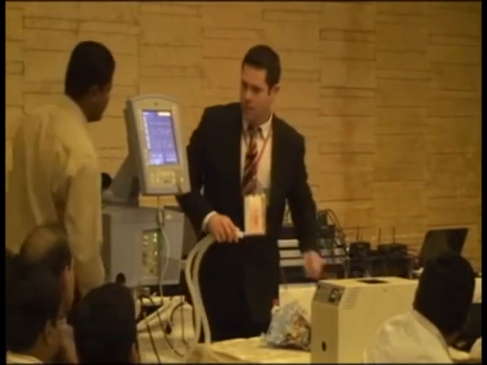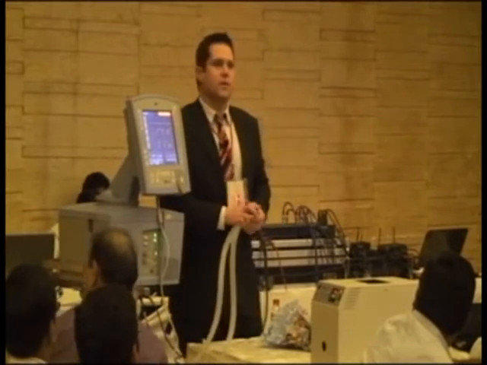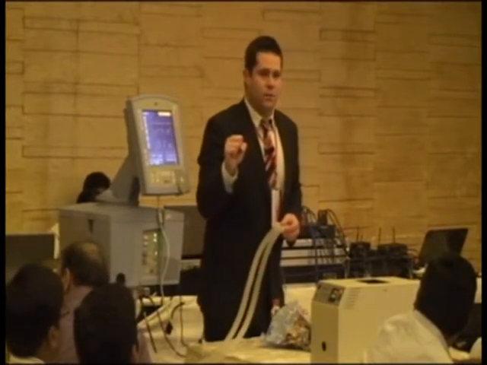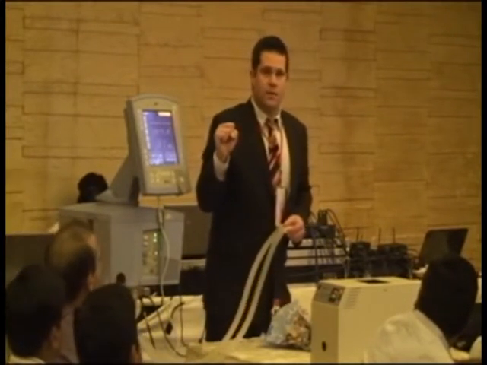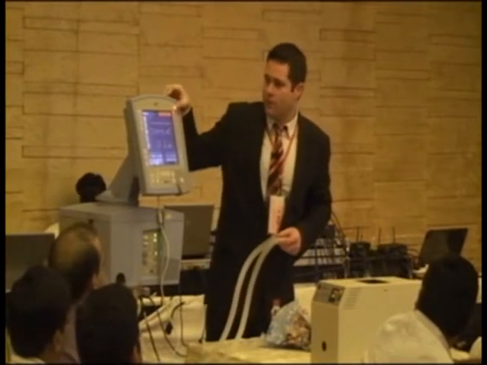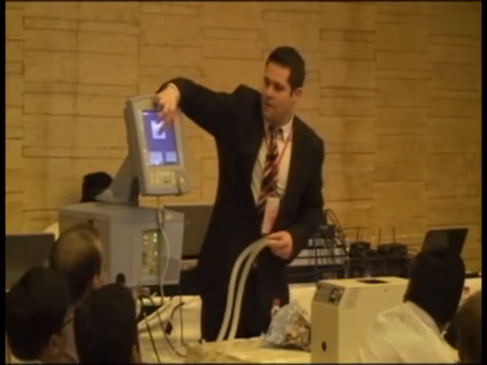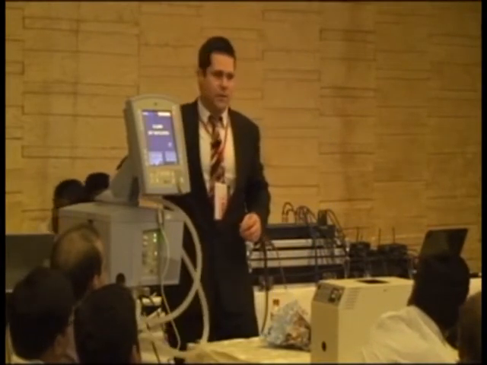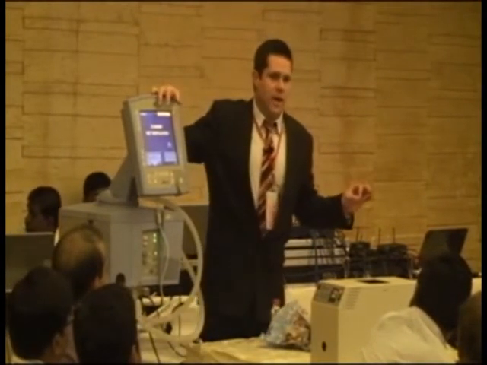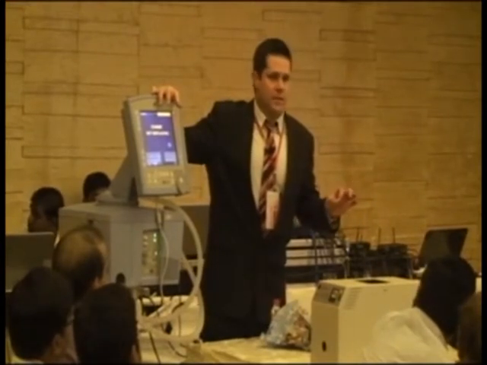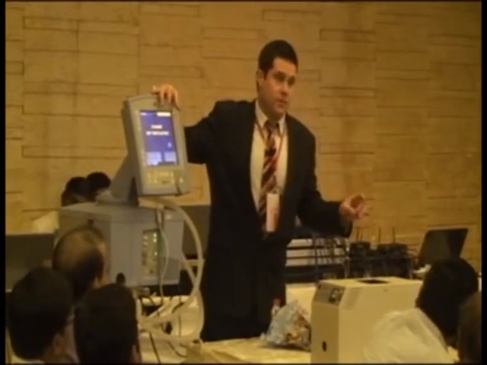But in this particular patient, there's good data available now. Dr. Newth from LA Children's found that if you take patients out of SIMV or assist control ventilation and you put them into pressure support and you allow them to maintain their own inspiratory time, their work of breathing can be reduced tremendously.